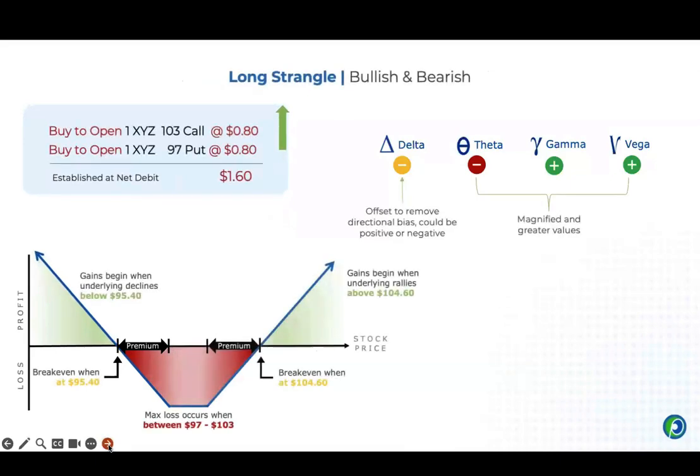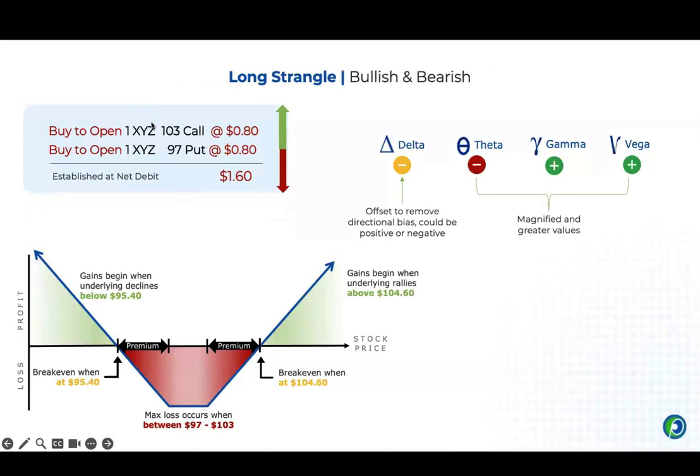So moving on, let's talk about the long strangle. Again, not traded too often, but it is exactly the same as the long straddle. But instead of straddling the price, you just strangle it. This means that you're not buying the same call and put strike. You are just having a width in between.